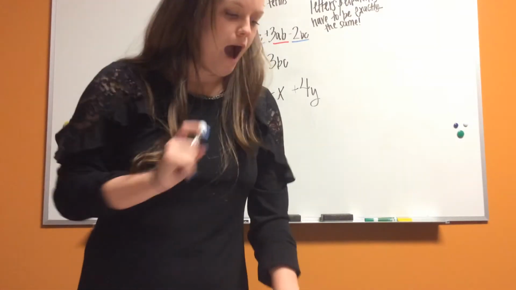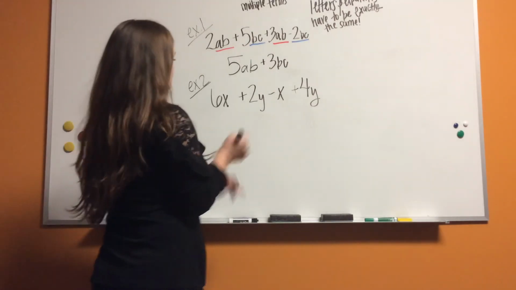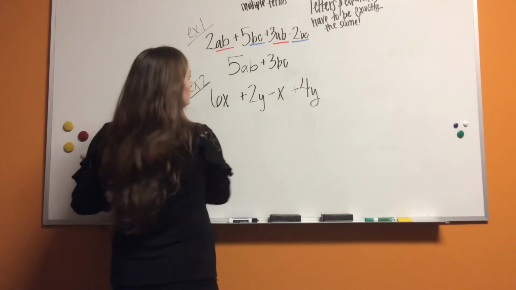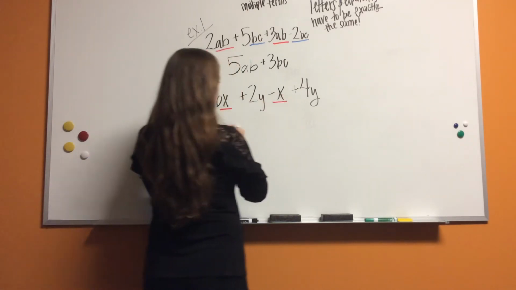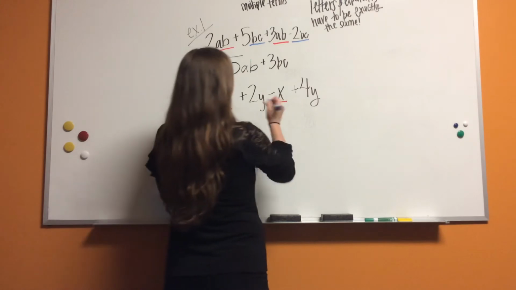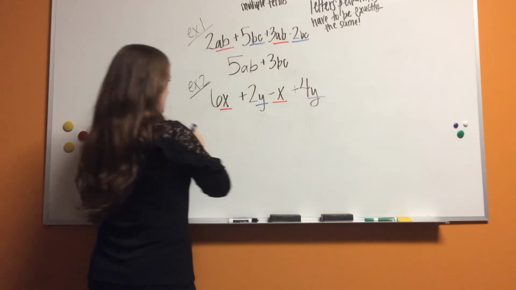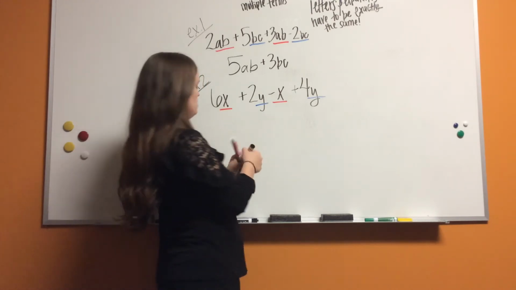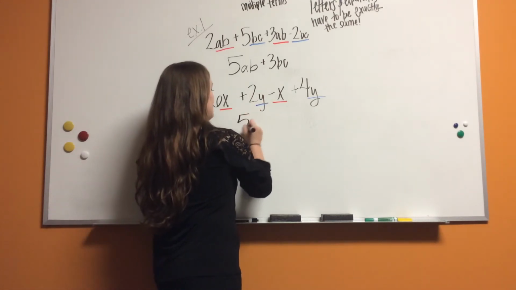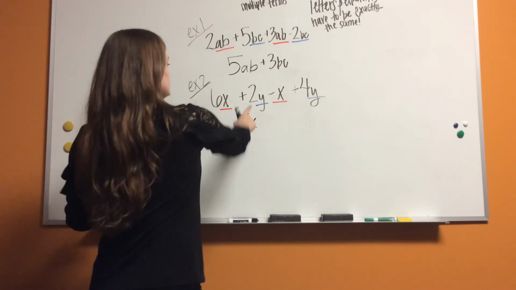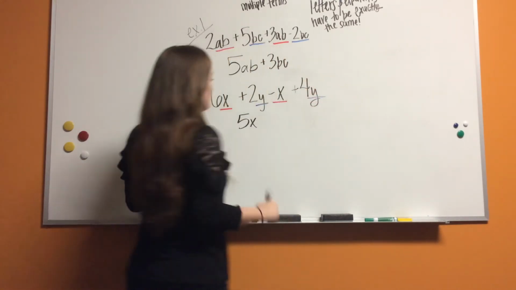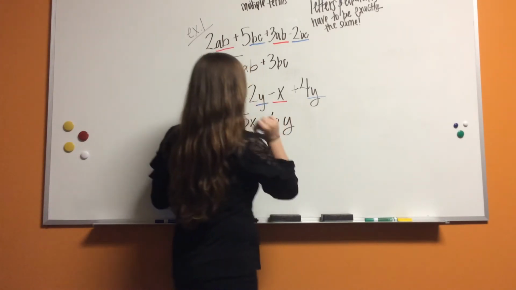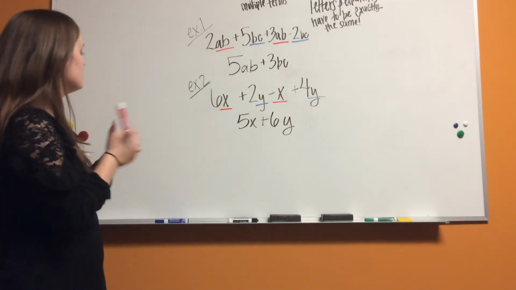Okay, so how would we simplify that one? All right, yes, exactly. We're going to start with the x's, the like terms. X and x, y and y. Okay. 6 minus 1 is going to be 5x. 2y plus 4y is, good, 6y. So that's our simplified one there.